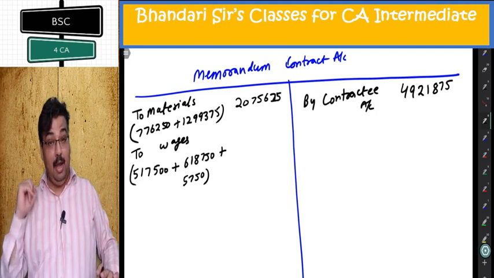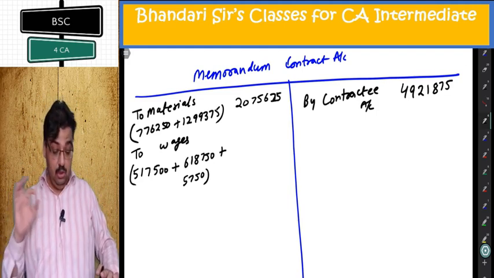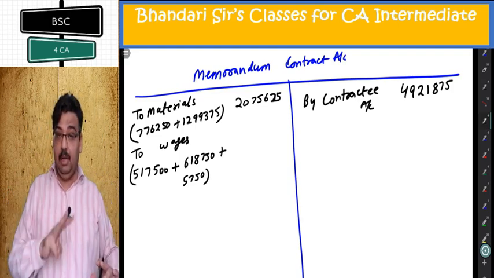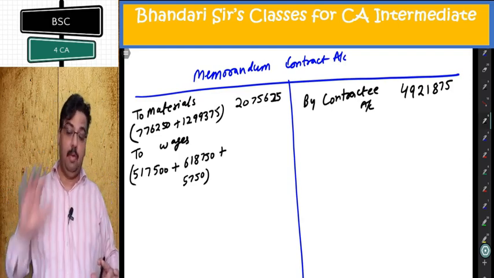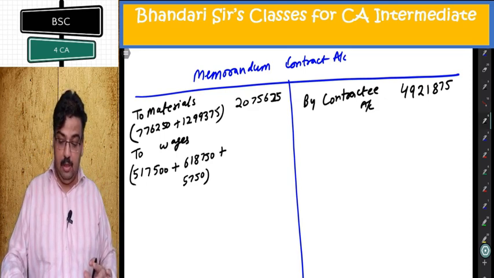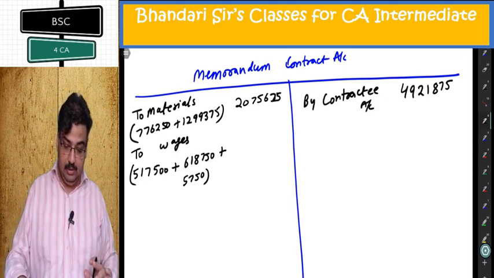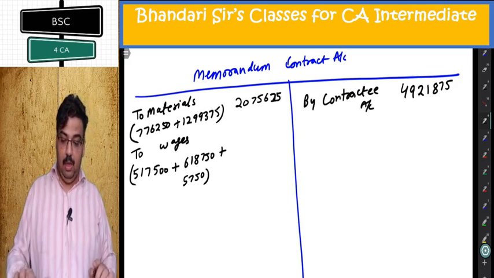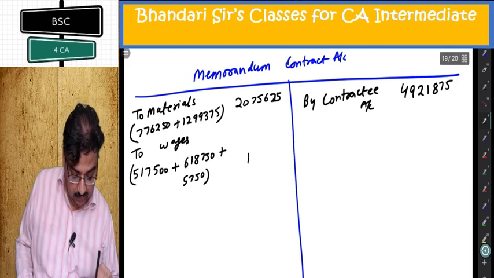I explained that why to leave in the last question also. So be sure intermediate items, material at site, outstanding, prepaid will be ignored in memorandum contract. 517500 plus 618,750 plus 5750. So what I am getting is 11,42,000.